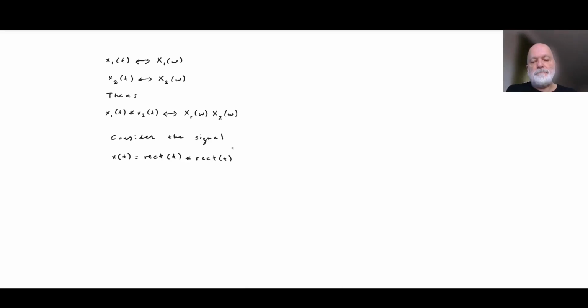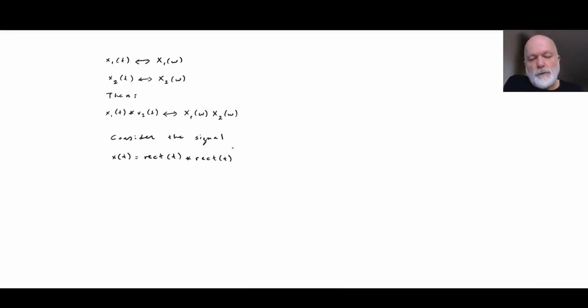That means we have the rectangular pulse signal, which is equal to 1 for t between -1/2 and 1/2 and 0 elsewhere. And x of t is the convolution of this rectangular pulse with itself.